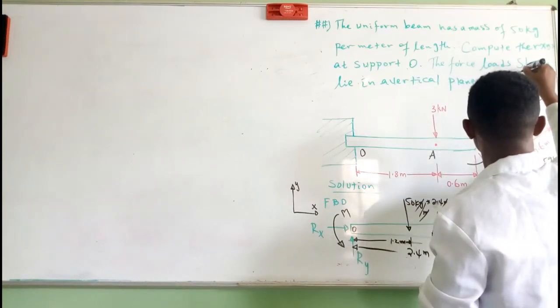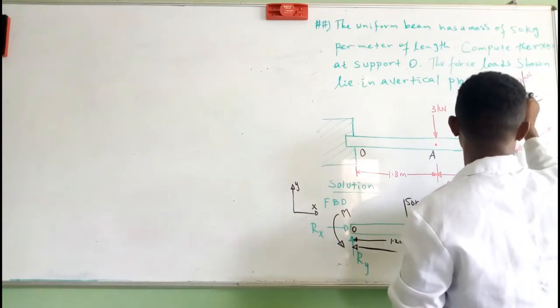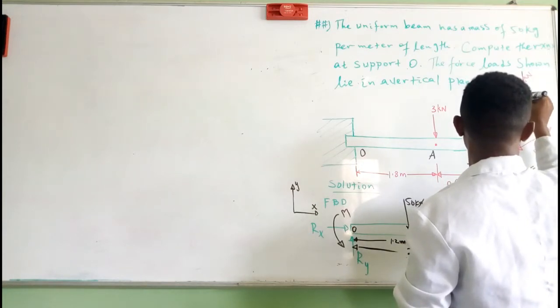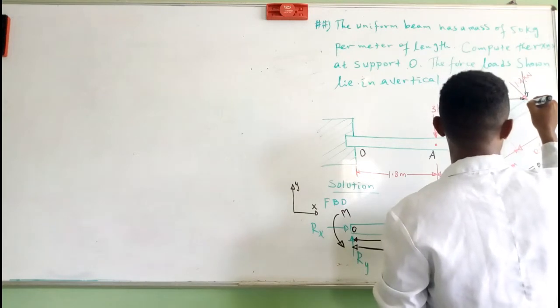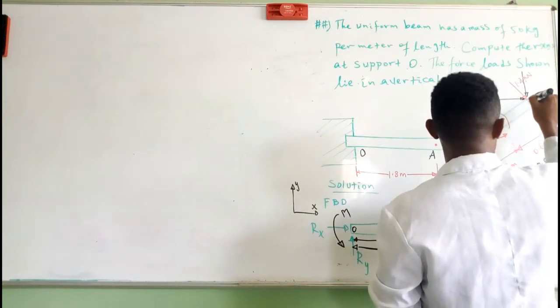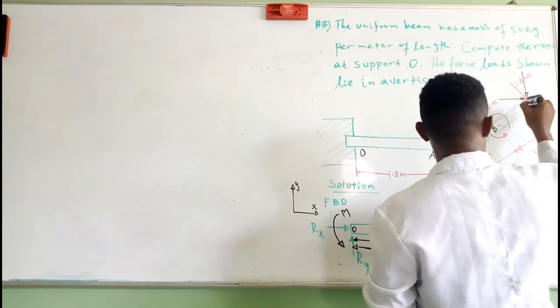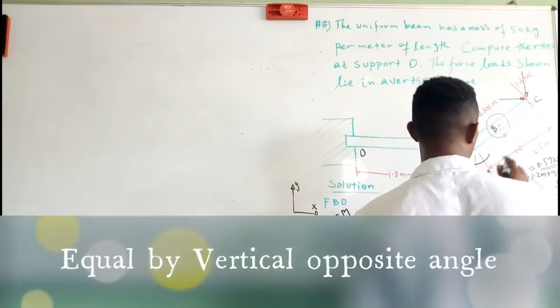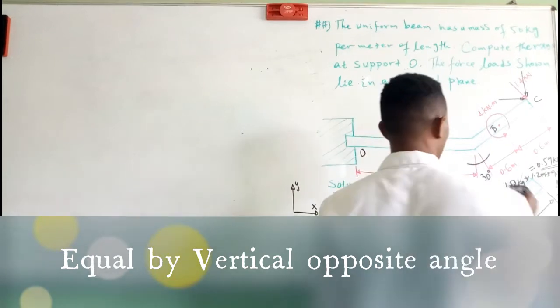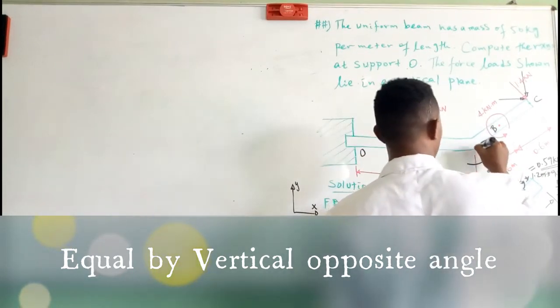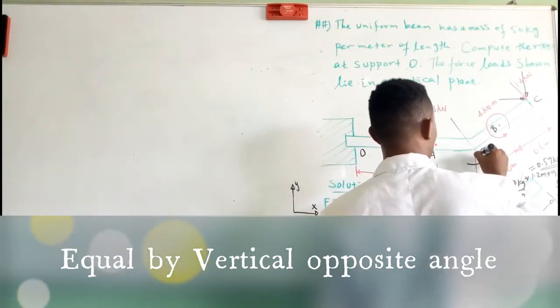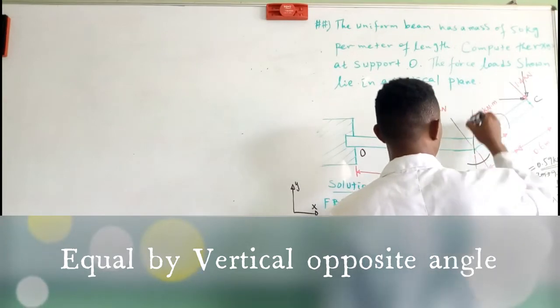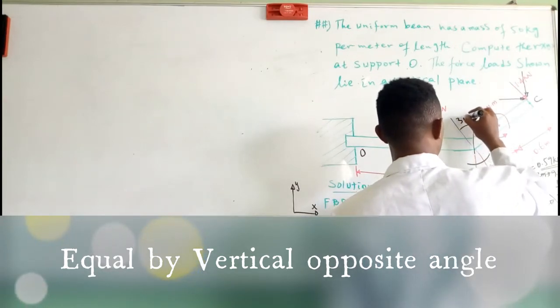The vertical force becomes in this direction and the horizontal force becomes in this direction. So theta, we determine theta. Theta becomes 30 degrees. How? Let me show how we can determine the 30 degrees. Extend this one and extend this line. This angle becomes 30 degrees.